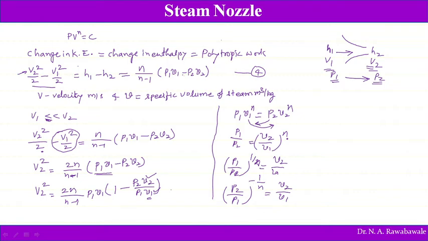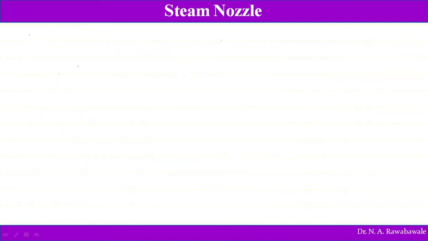So this equation becomes V2 square is equal to 2n divided by n minus 1 P1 V1, which was taken common as it is, in bracket 1 minus P2 divided by P1 as it is, and in place of V2 divided by V1 we write P2 divided by P1 to the power of minus 1 by n, closing this bracket.